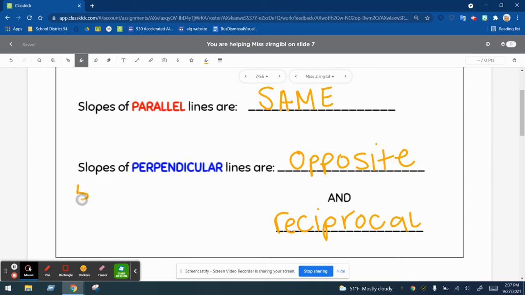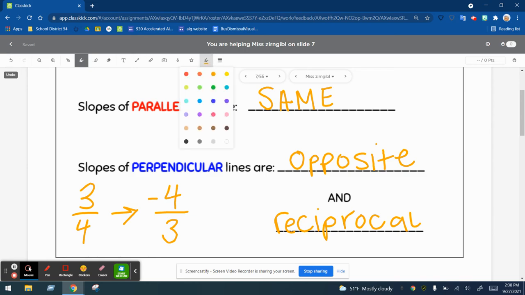So if you had 3 over 4, the perpendicular slope would be negative 4 over 3. So that just means we flip the fraction upside down. Parallel slopes are the same. So if I had 2, my other slope would also be 2. Okay.